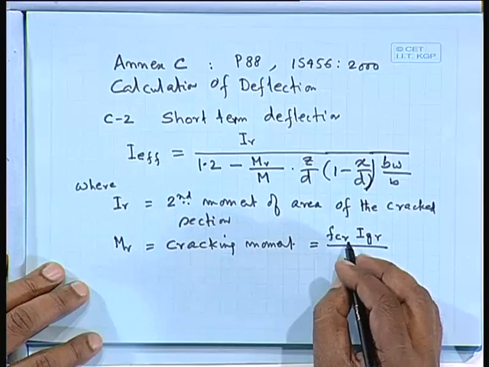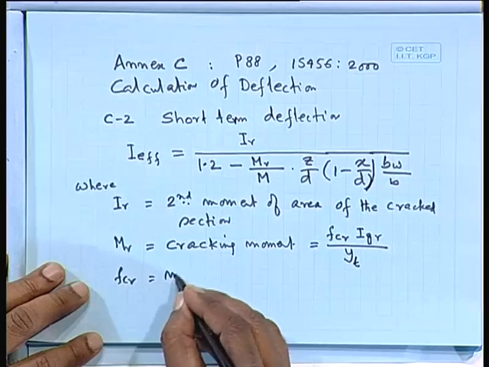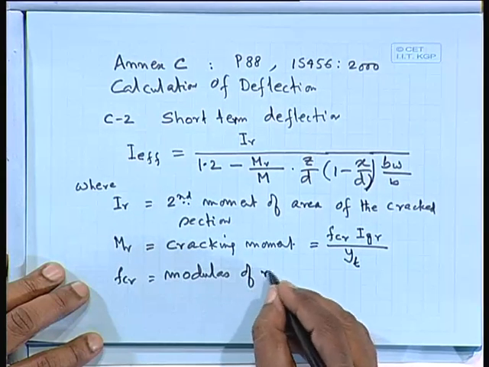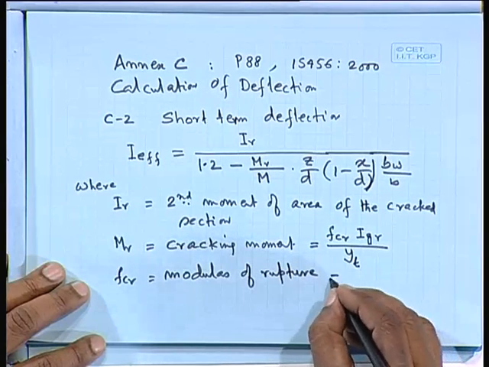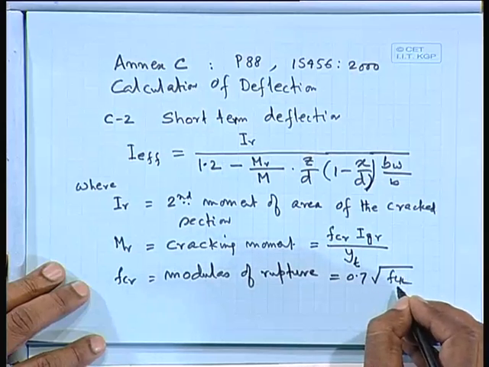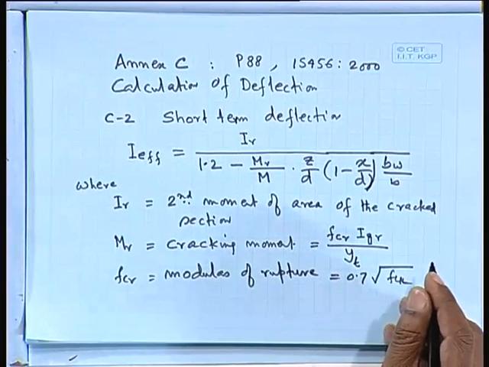FCR, modulus of rupture, and that we shall take at 0.7 root over FCK. FCK again you know that is the characteristic strength, 0.7 root FCK.